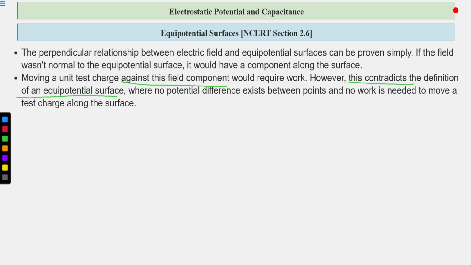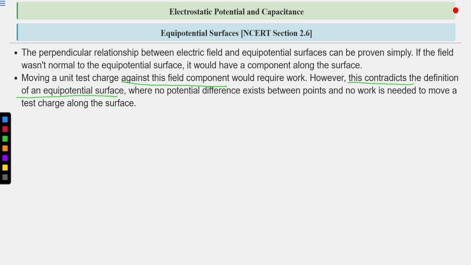This contradicts the definition of an equipotential surface, where no potential difference exists between the points and no work is needed to move the test charge along the surface. Therefore, the electric field is always perpendicular to the equipotential surface. It must not have any component along the surface, because we don't want any work to move a test charge along it.